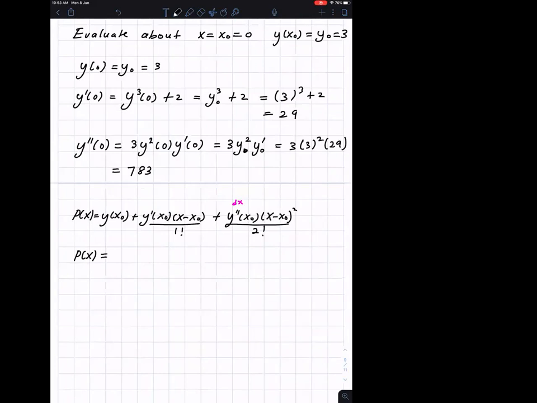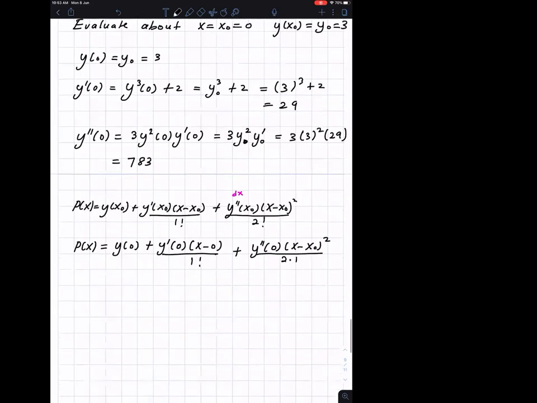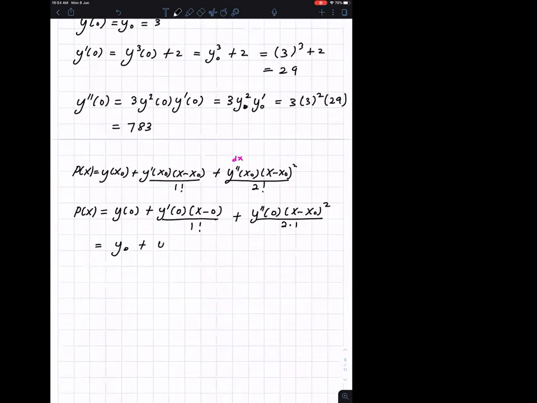So P of x is y of x naught, which is y naught, plus y prime naught times x minus x naught over 1 factorial, plus y double prime 0 times x minus x naught squared over 2 factorial, which is 2 times 1.